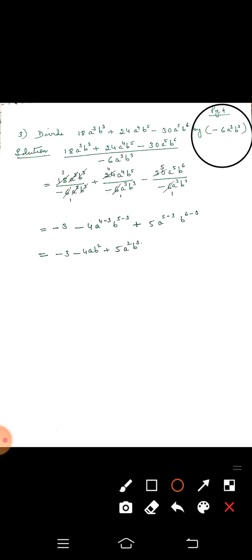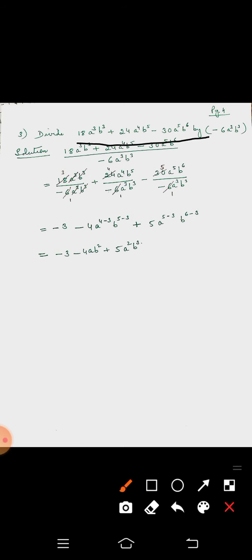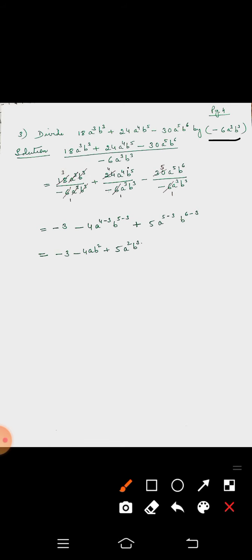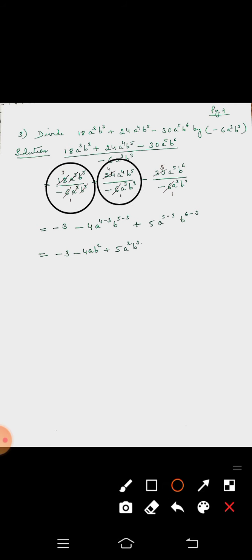Now in the first step you write the dividend on the top and by the divisor, it's written here. In the next step each term has to be divided by the divisor separately. They are written here.